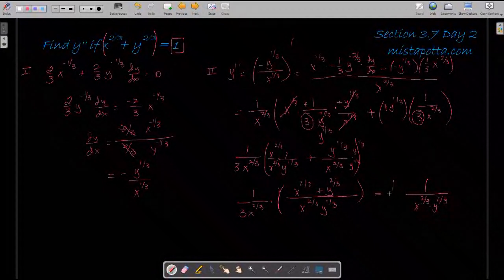So I have 1 over 3x to the 2/3 times 1 over x to the 2/3 times y to the 1/3. And so I can write this in a much nicer, more concise form: 1 over 3x to the 4/3 y to the 1/3.